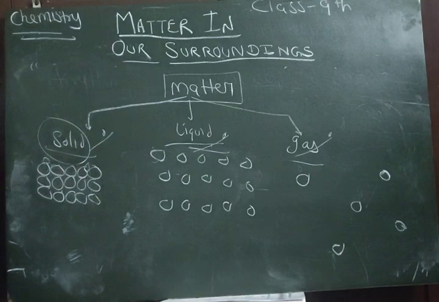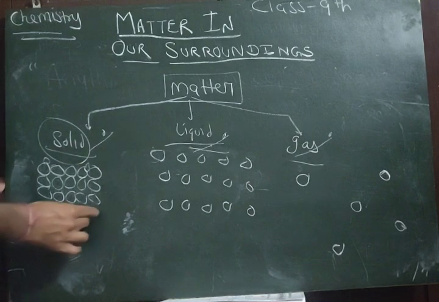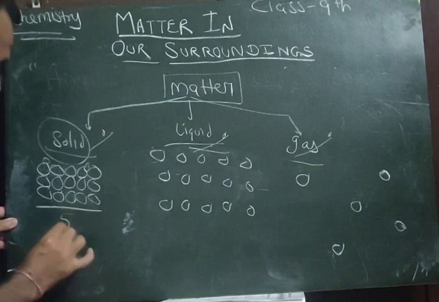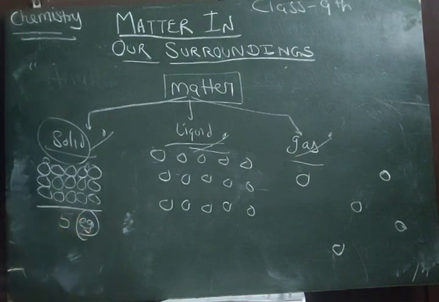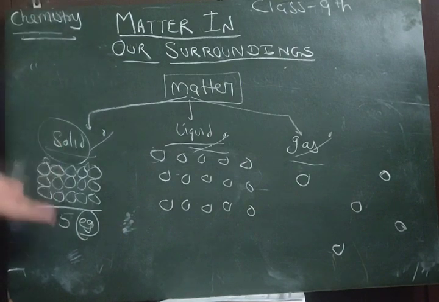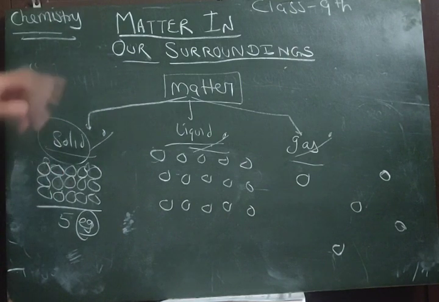So how many examples can there be of matter? We can easily write five examples of solid matter. If we are sitting in a room, then bed, sofa, table, chair all are solid forms of matter.